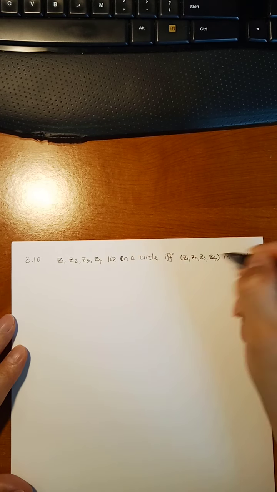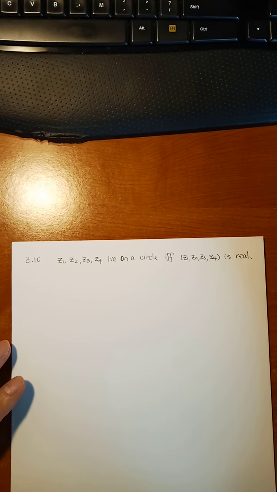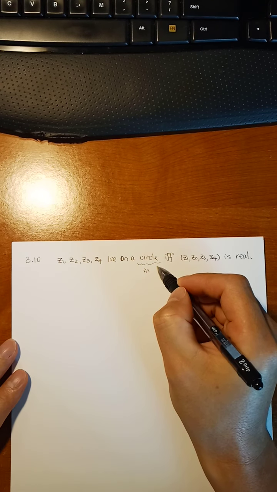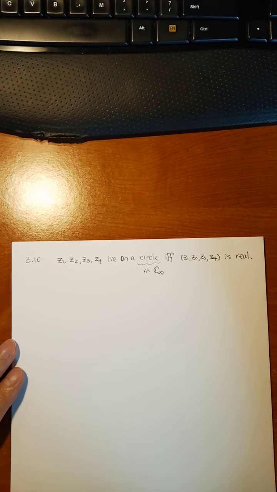So we did the computation. We figured out that one case is a straight line, and the other is really a circle. And here, this circle means a circle in C infinity. It includes a straight line.